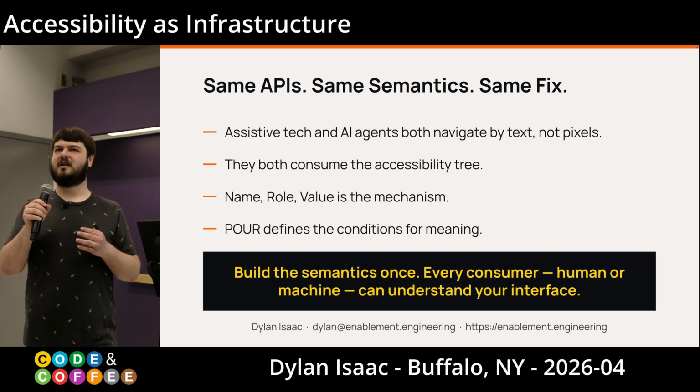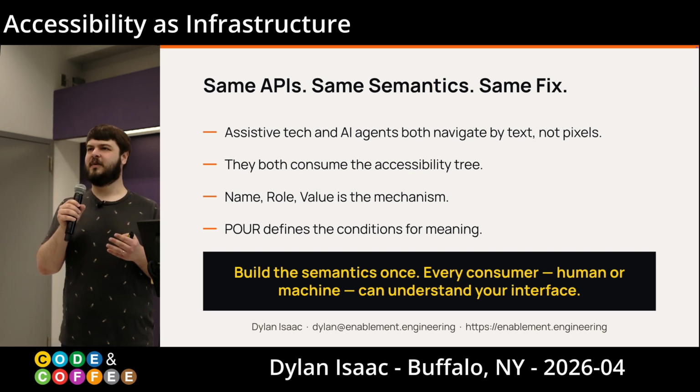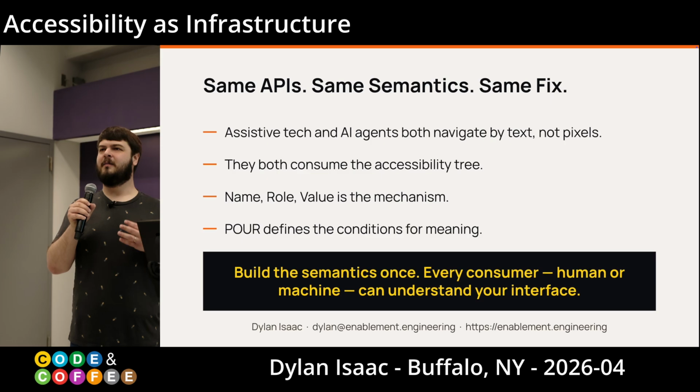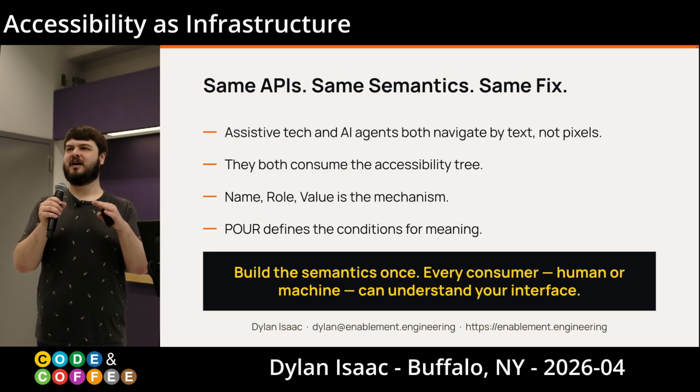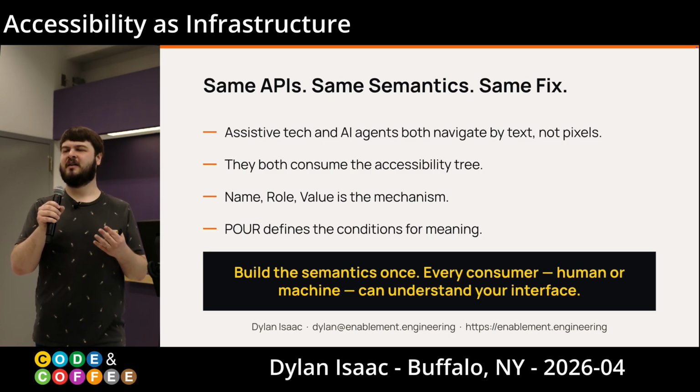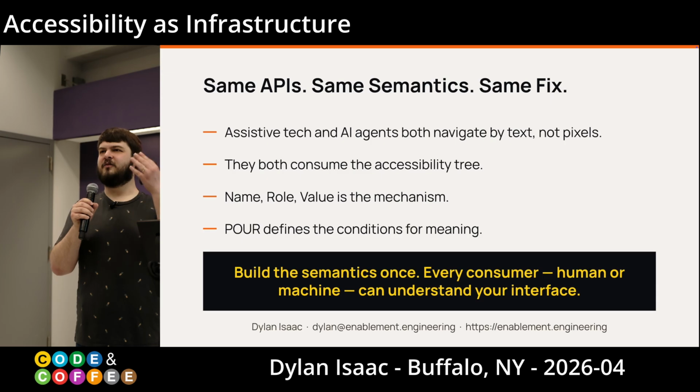So by focusing on the core user experience from an accessibility standpoint first, by putting in the semantic tags instead of just making things look good from a div perspective, from a visual perspective, you're making it so that it's just easier work.